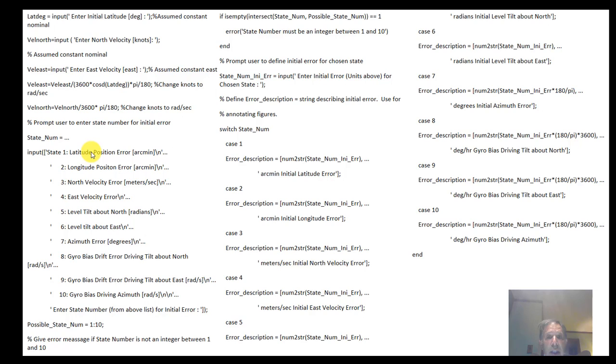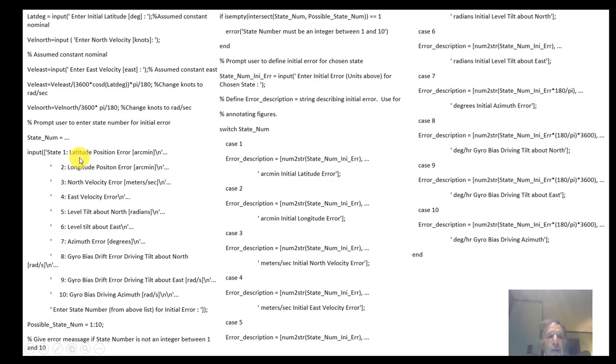That requires the superposition of two errors. This simple program only treats one error at a time, so it does not treat the case of multiple errors. The case of multiple errors, since superposition is true, can be incorporated into this program. However, it is not in the program being shown here.